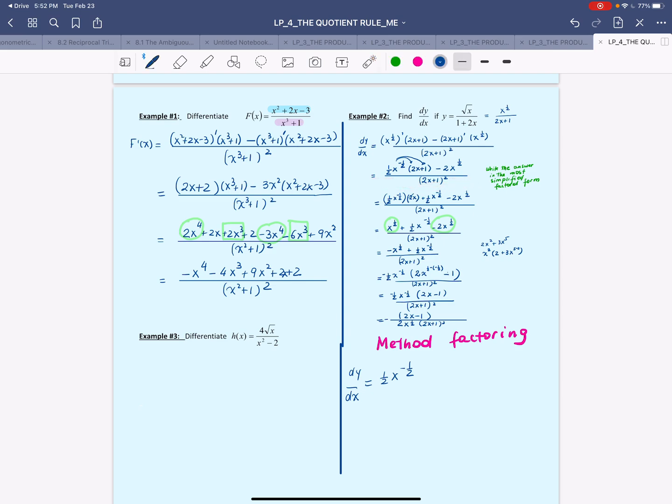And then times 2x plus 1 minus 2x to the power of half divided by 2x plus 1 squared. Okay, so we're taking this one down here then. And we are trying to factor it. It's already differentiated, right? So we're going to try to factor it slightly differently. And tell me which way you find easier.